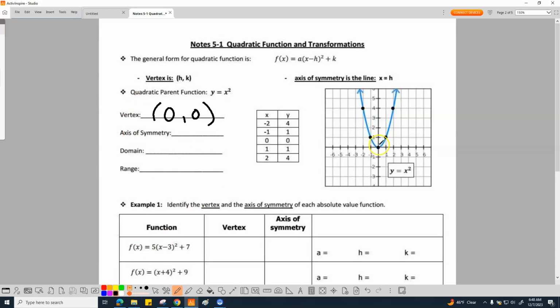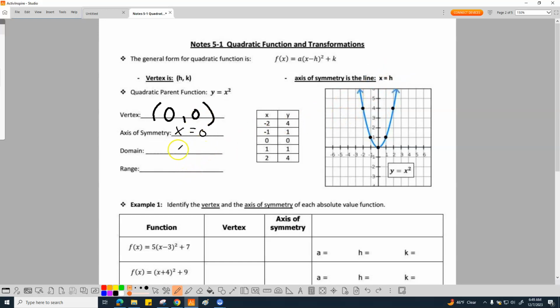So that's our vertex, and it's that dot right there where the curve starts. Essentially, it's where it meets. So that's our vertex. The axis of symmetry in this case would be x equals 0. And that's this 0 right here. You can see the axis of symmetry line is this thing right here. Make sure you have that down, and these are notes I would keep.